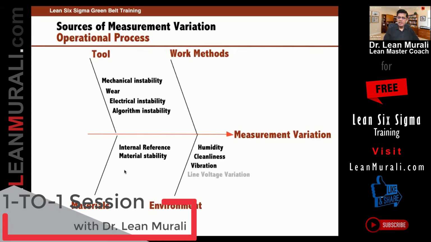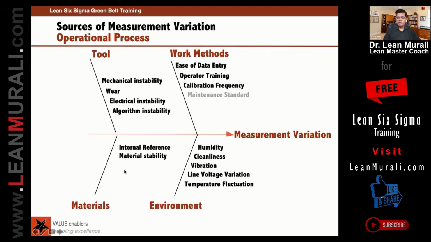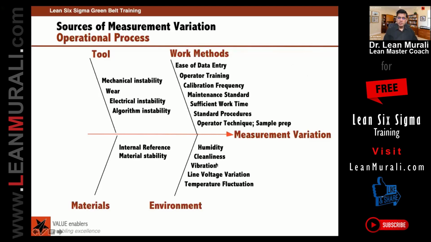Okay, humidity, cleanliness, vibration, line voltage. There are so many things that can cause variation. So I leave these two as homework for you to ponder, to see what all can cause those variations that ultimately result in the variation in the measurement.